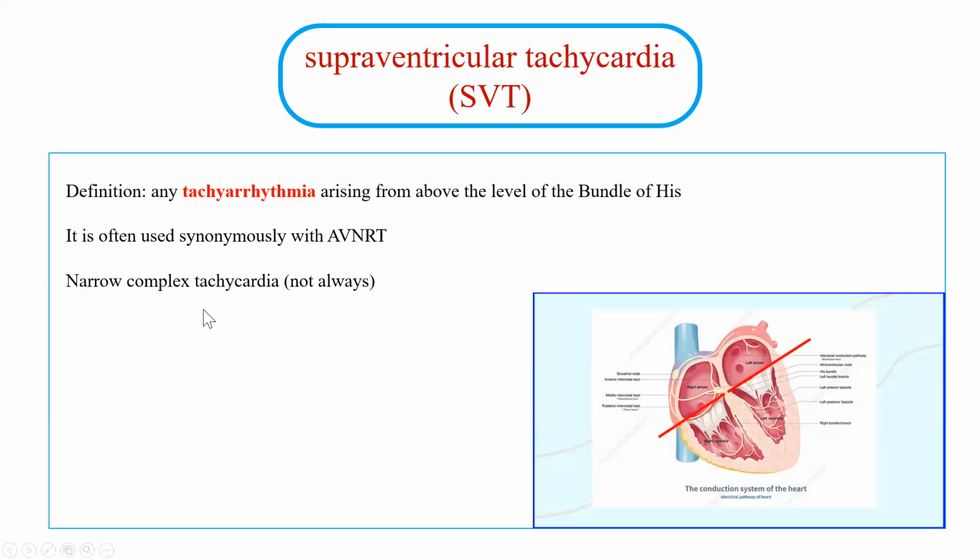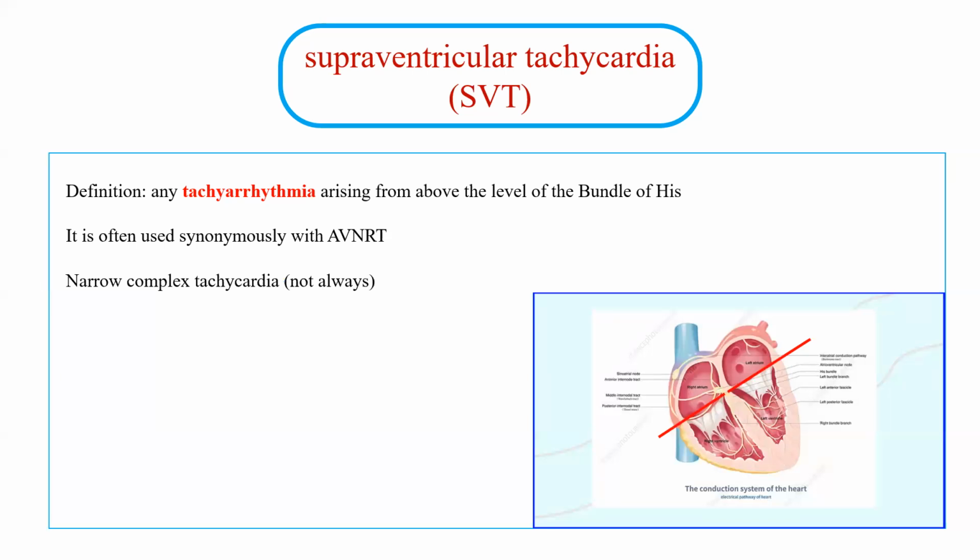The other thing is that supraventricular tachycardia, because it is originating above the bundle of His and following the normal pathway of electricity spreading in the heart, is usually a narrow complex tachycardia. But this is not always. Why? Because some patients will have bundle branch blocks, which make the electricity move slower in the heart, making the QRS complex wider.